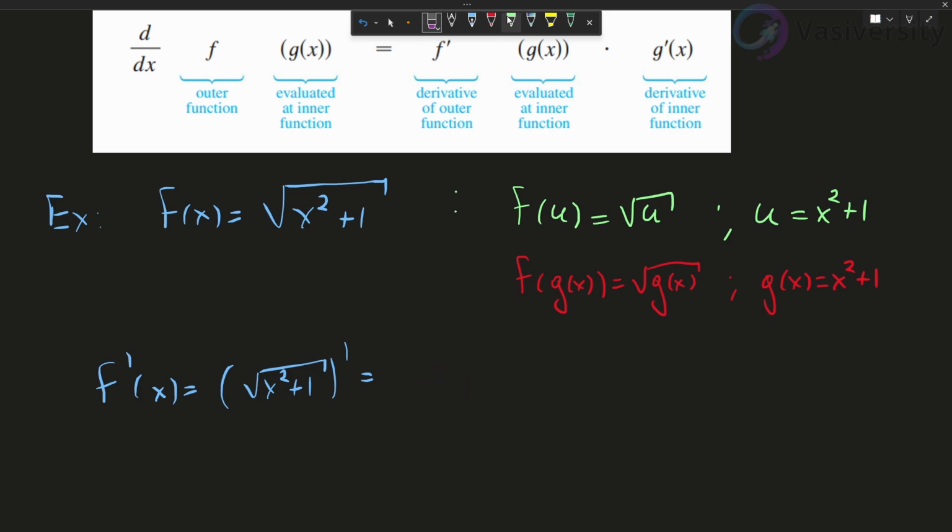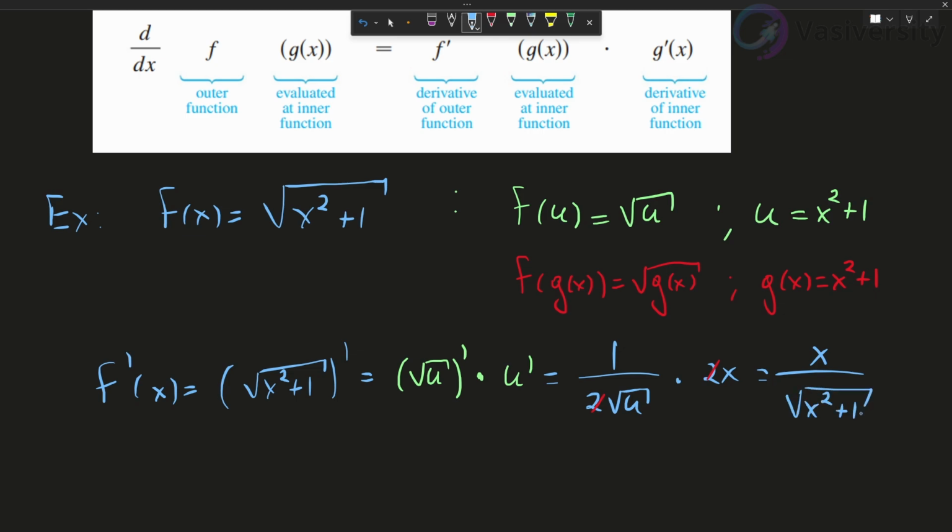Let me write it down in color here: the square root of u prime times u prime. That's equal to 1 over 2 square root of u times 2x. If we substitute u, the 2 and 2 cancel out, so we're left with x over the square root of x squared plus 1. That's our derivative. It's not that scary.